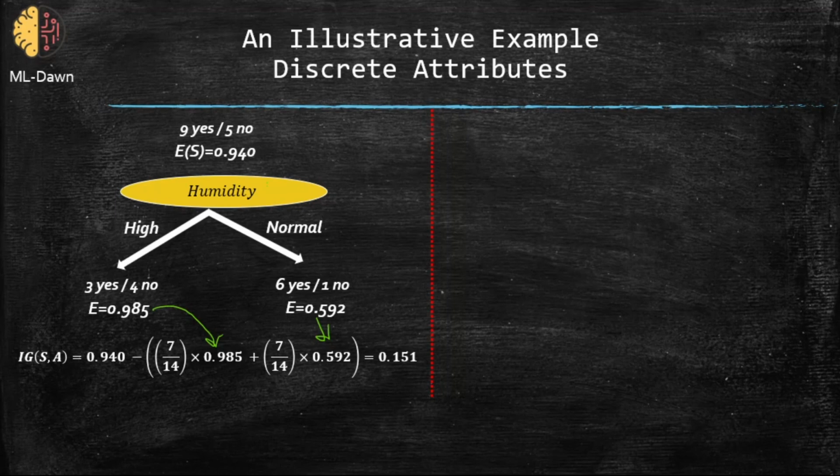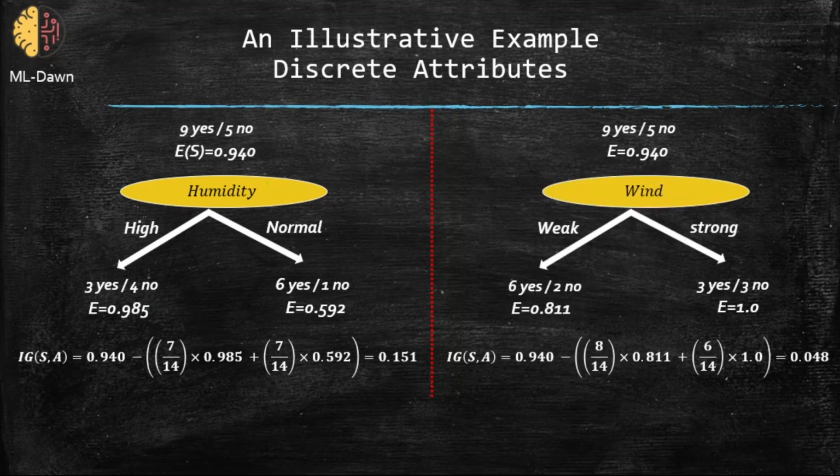We can choose another attribute just to make sure you've got this. Let's say we want to measure the quality of the attribute wind. Again, we have 9 yeses and 5 nos in the beginning, and the entropy is 0.94, and wind could be either weak or strong. On the left side we got 6 yeses and 2 nos, and on the right side we get 3 yeses and 2 nos.